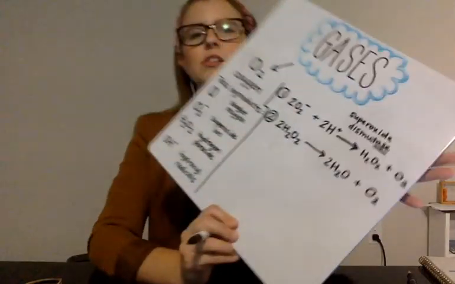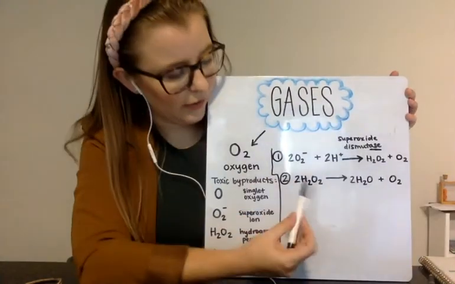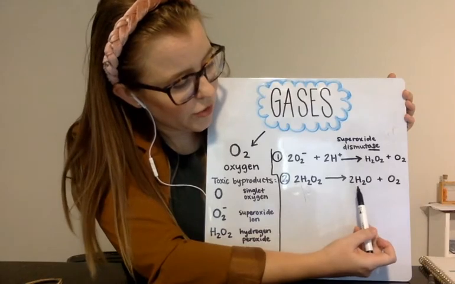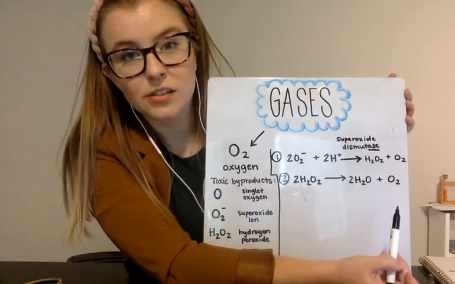I'm going to balance this equation already: 2H2O2 can be converted into 2 molecules of water, H2O, plus harmless oxygen in the form of a doublet. So we have our 2 hydrogen peroxide molecules converted into 2 water molecules and an oxygen molecule. Now this is made possible by catalase.